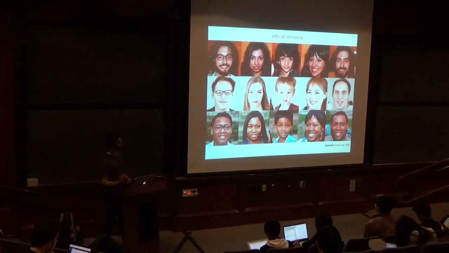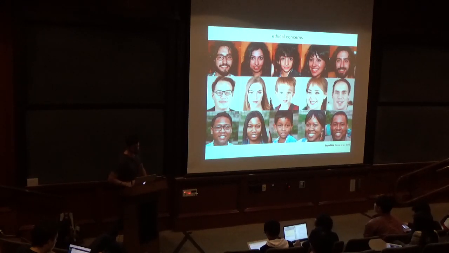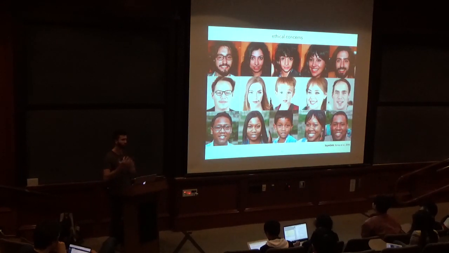So all of these images are not real people. This is from a paper that we recently released called StyleGAN, where you can generate different looking people, different ages, different poses, lighting conditions, you name it.